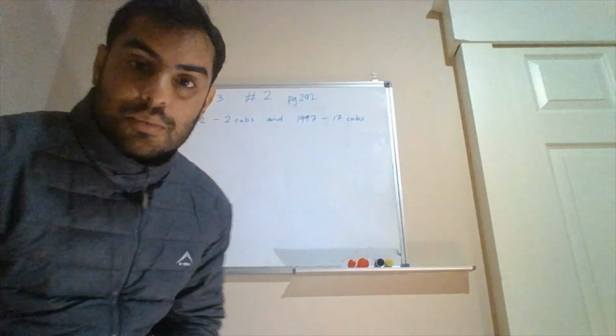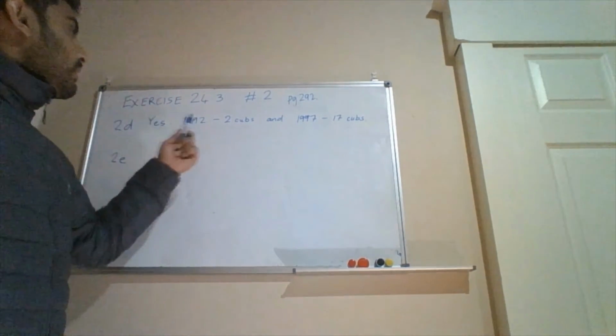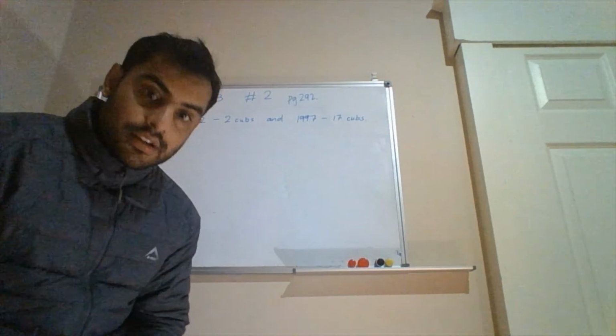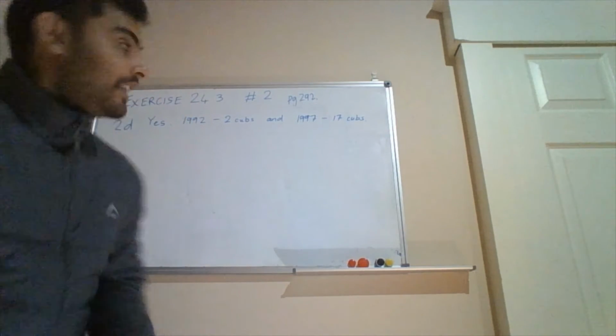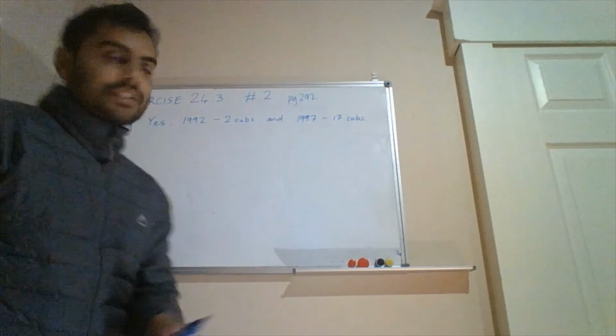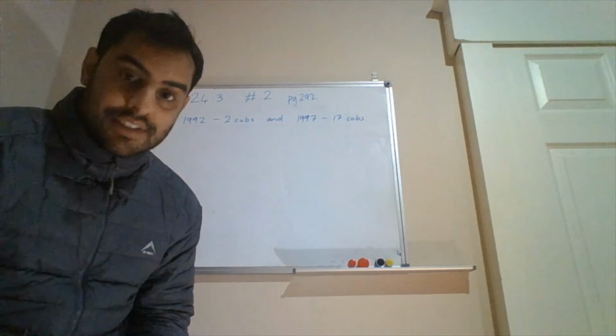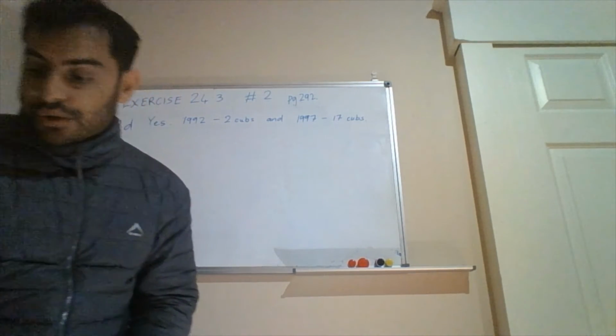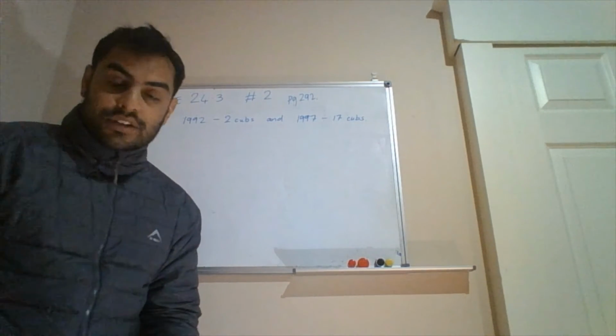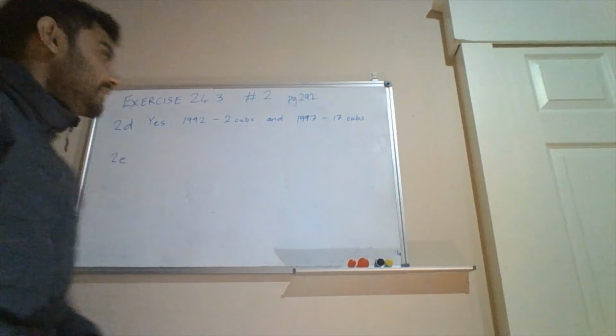Question 2d asks us if there are any outliers in the data, and yes, we can see 2 outliers, one in 1992 where only 2 cubs were born, and another in 1997 where there was a much higher number of cubs born, 15. 2e asks us, can you give possible reasons for these outliers?